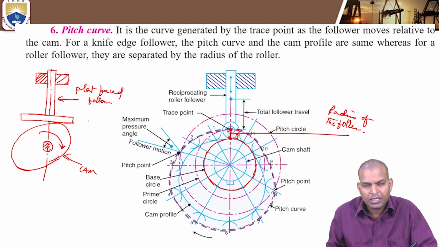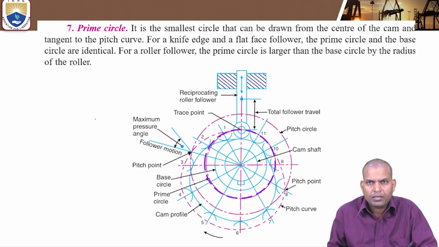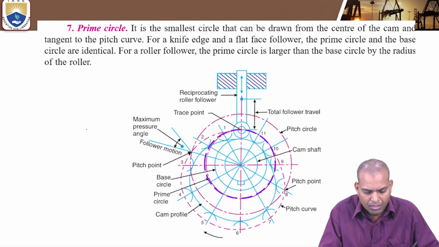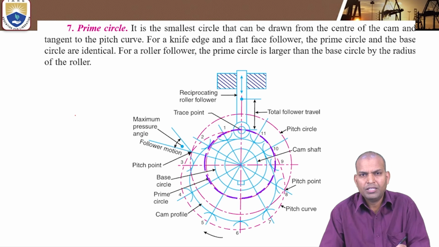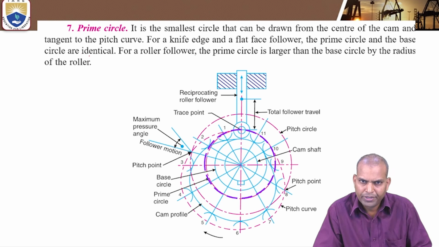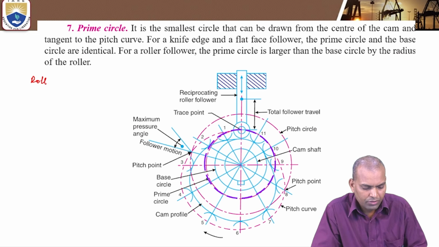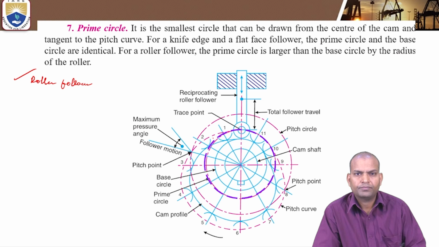The next one is prime circle. The prime circle is highly useful in drawing the cam profiles when the follower is a roller follower case.